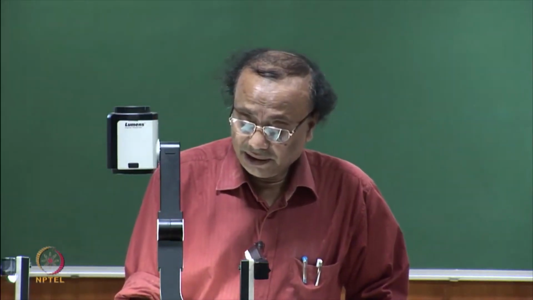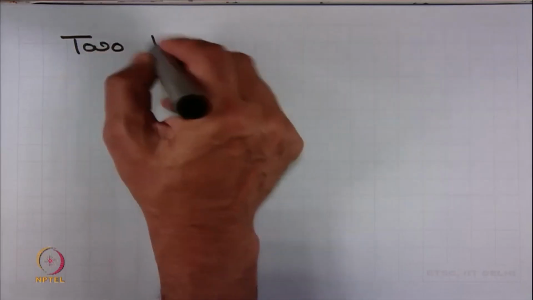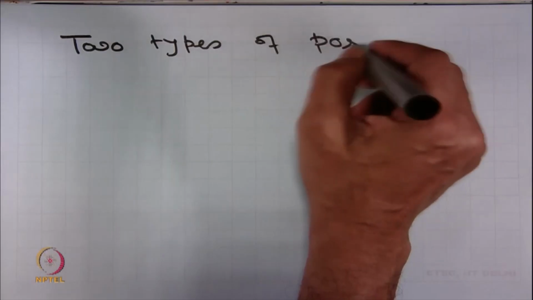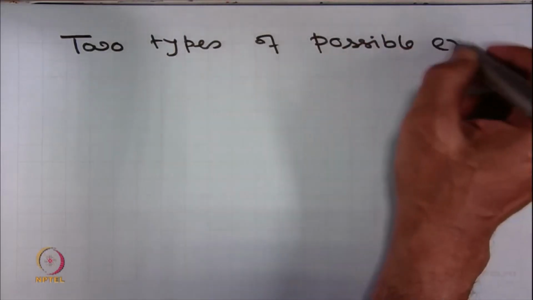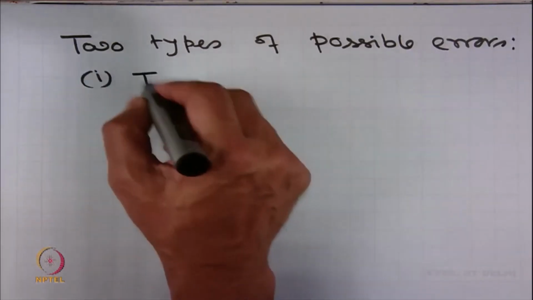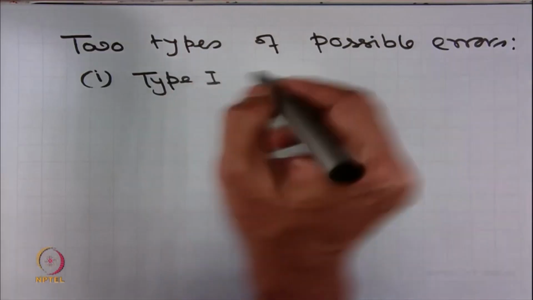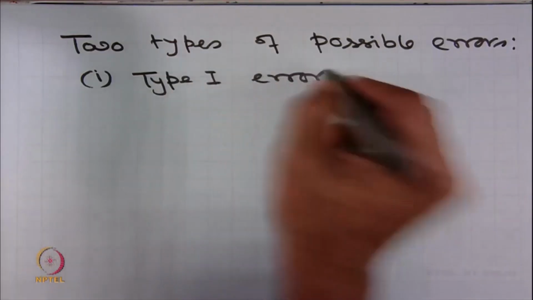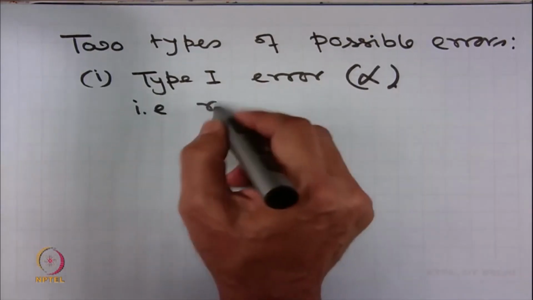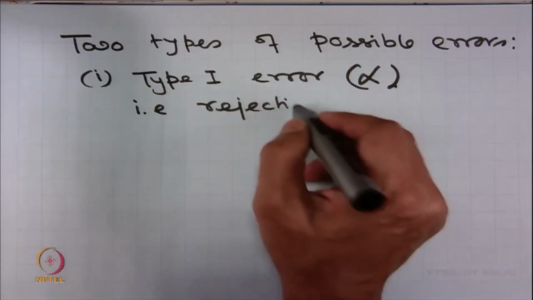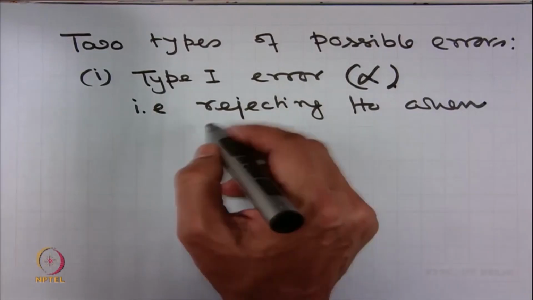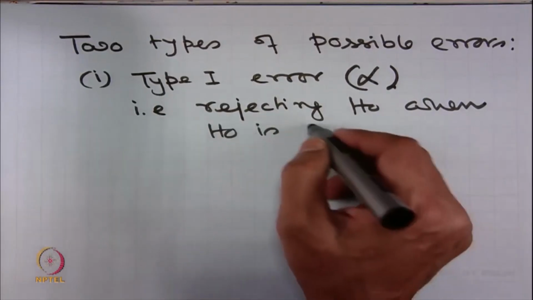So, as I discussed, two types of possible errors. One is type 1 error, which we call alpha, that is rejecting the H naught when H naught is true.